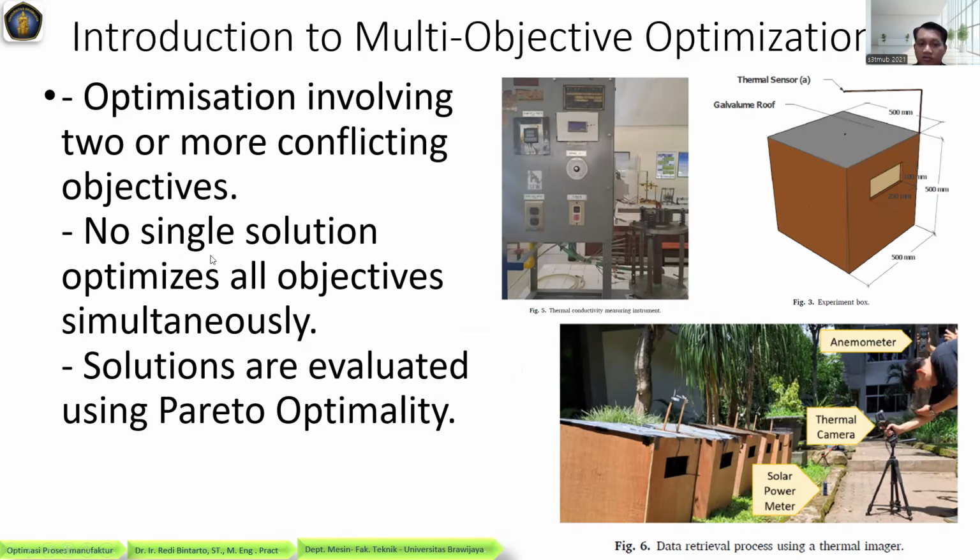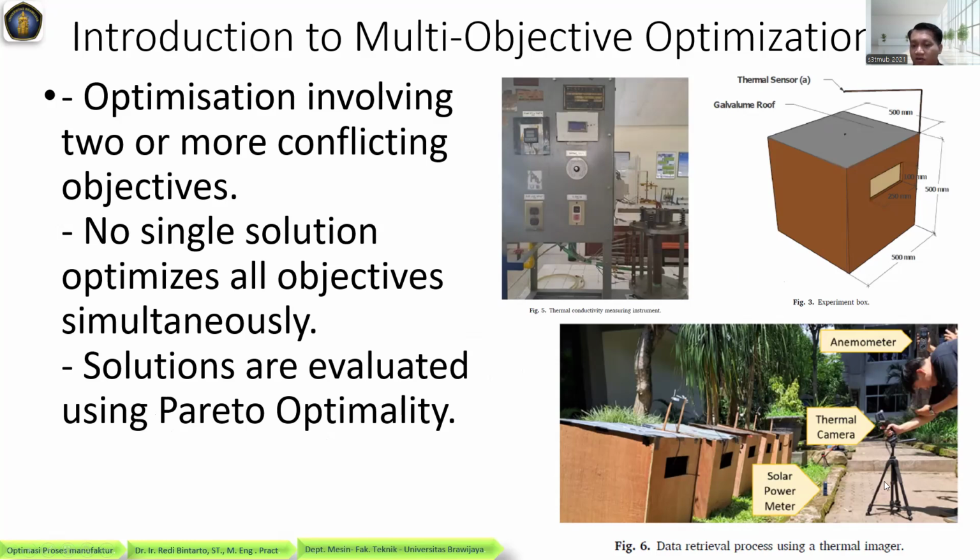So no single solution optimizes all objectives simultaneously, and solutions are evaluated using Pareto optimality. We can use Pareto to describe the decreasing or increasing of the temperature or the thermal conductivity by this tool.